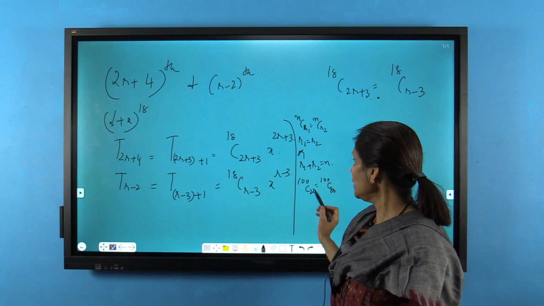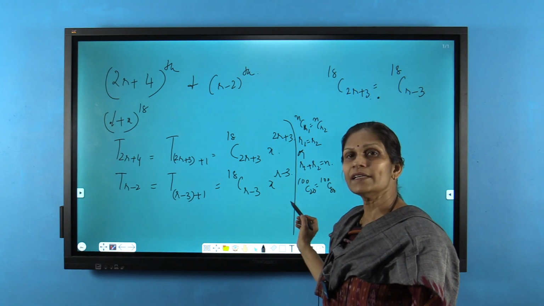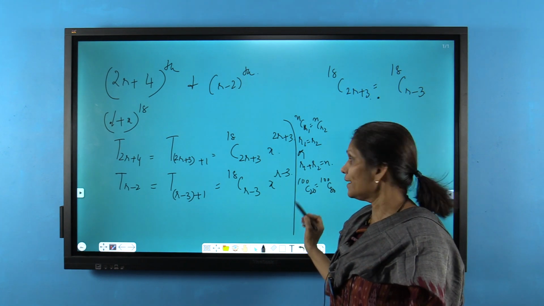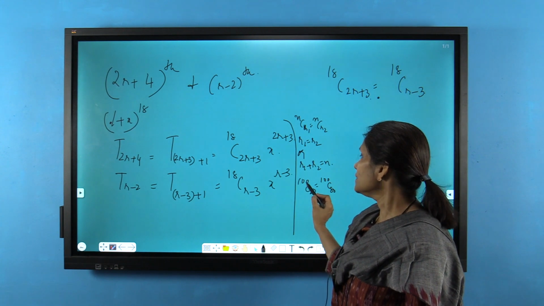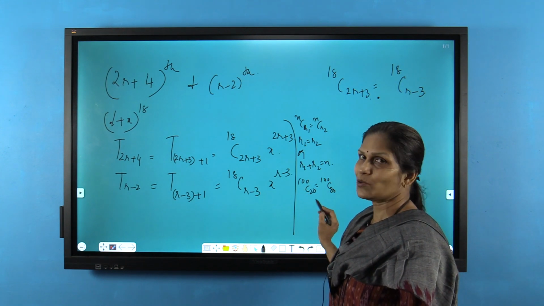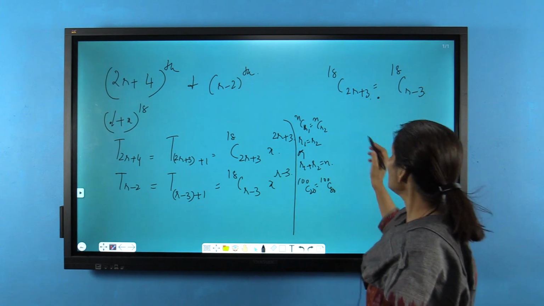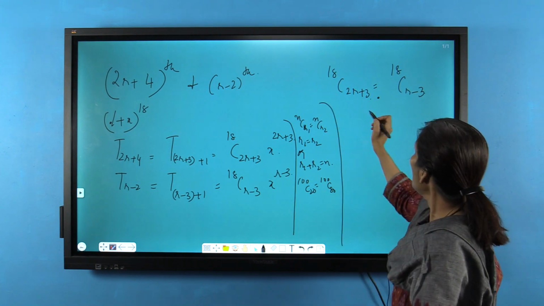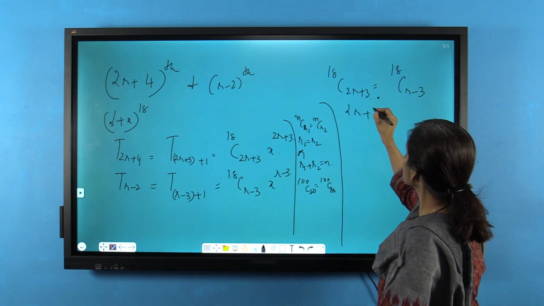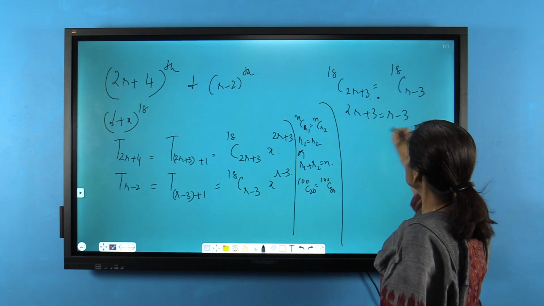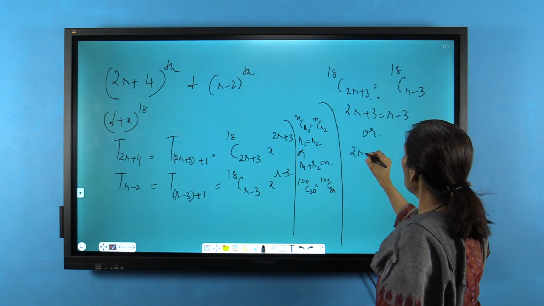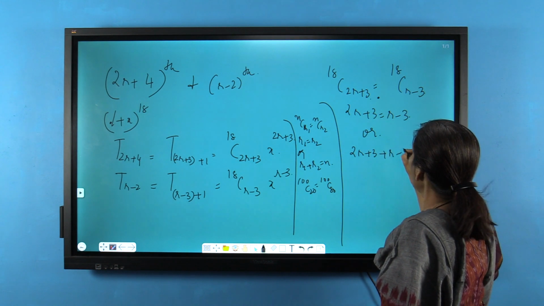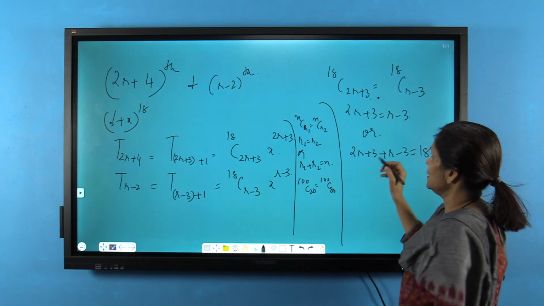What is the observation? Why is this NCR is NC(N minus R)? Conversely, how do I get this 100? Just observe that this 100 is just 20 plus 80. So, in the same way there are two conditions here: either 2R plus 3 is R minus 3, or 2R plus 3 plus R minus 3 is 18.